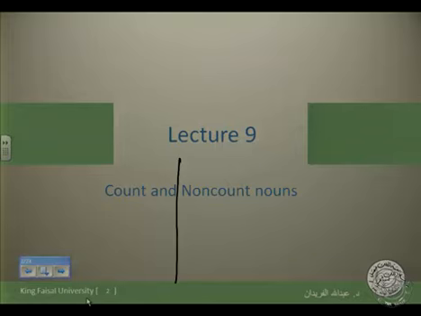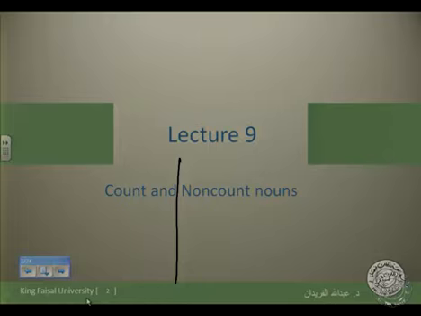let's make count now, something that we can count. We can give numbers to, we can assign numbers to. For example, we can say 2 pens, 2 watches, 2 televisions, 2 TVs, 2 cameras, 2 boards, 2 rooms, 2 classes, 2 glasses, and a lot of count nouns.